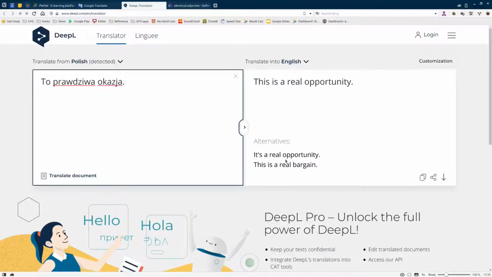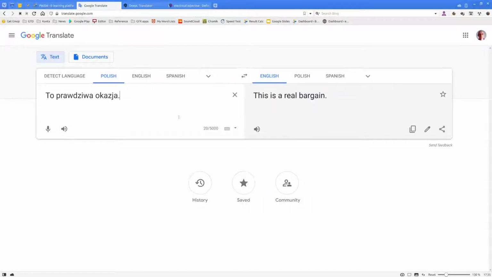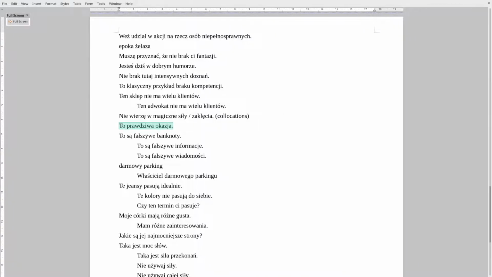So this, and of course we have these alternatives here, right? So we've got this correct translation here. But Google just gives us the one that's most likely. To są fałszywe banknoty.